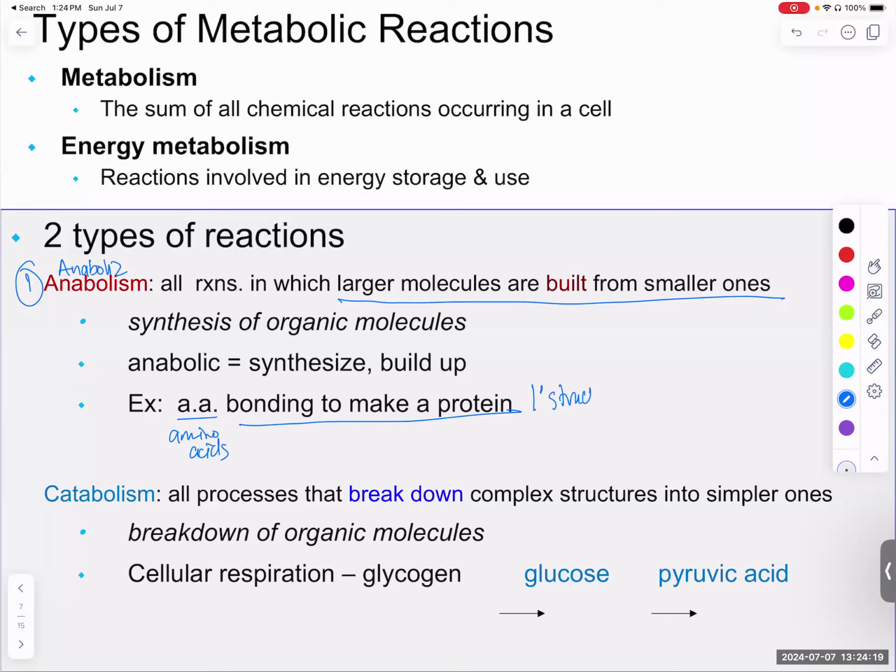Primary structure or conformation of a protein. That is an anabolic process. Second one would be catabolism or catabolic. It's where you're breaking down a larger, more complex structure into simple ones.